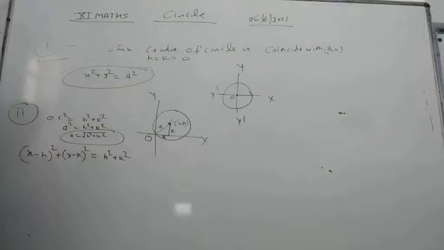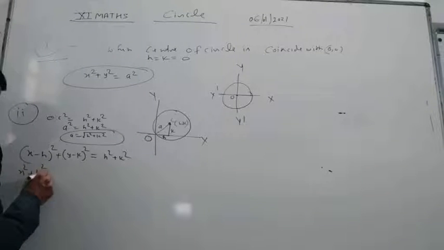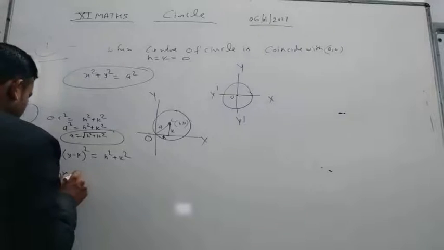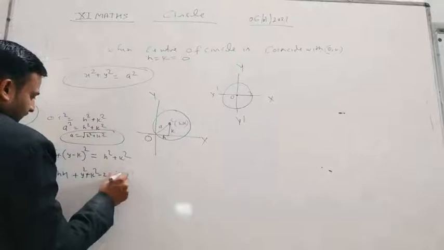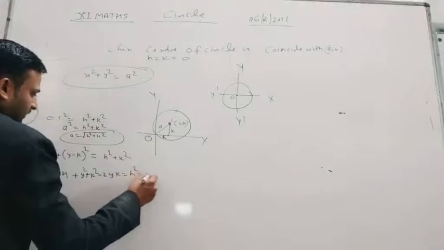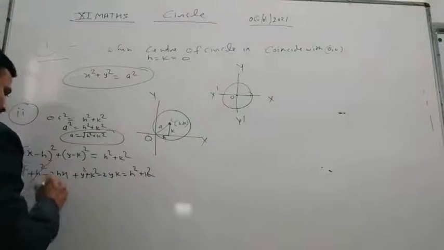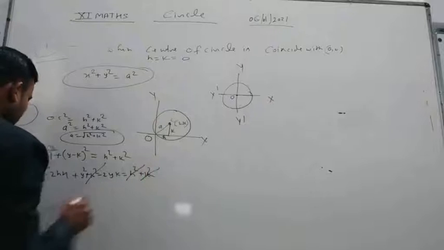When we expand this, student, we write x square plus h square minus 2hx, and plus y square plus k square minus 2yk, which is h square plus k square. So h square and k square will be cancelled.